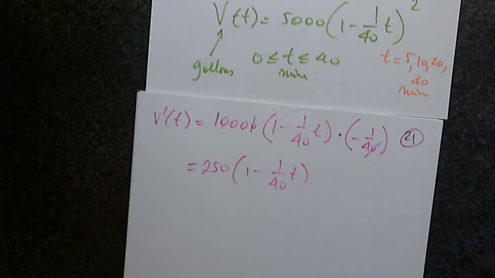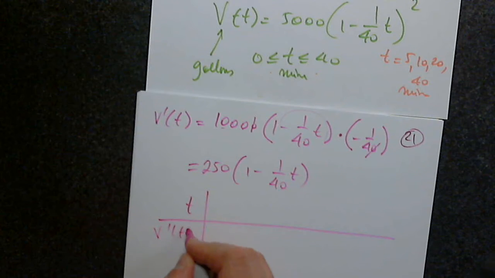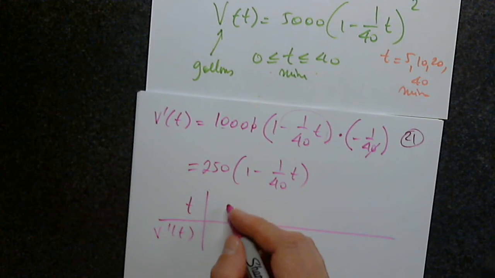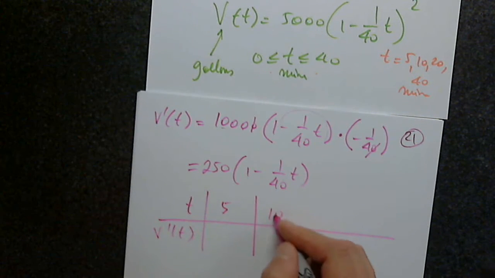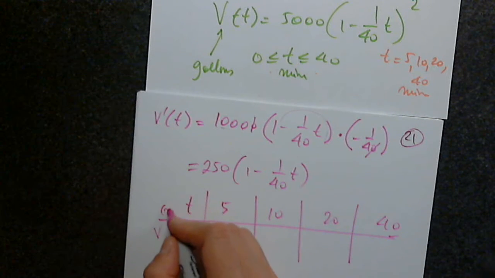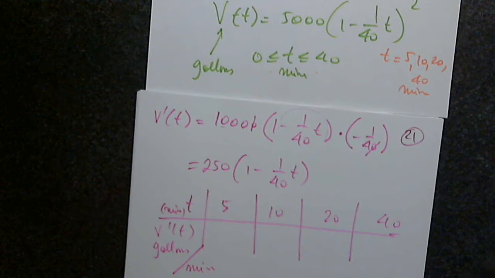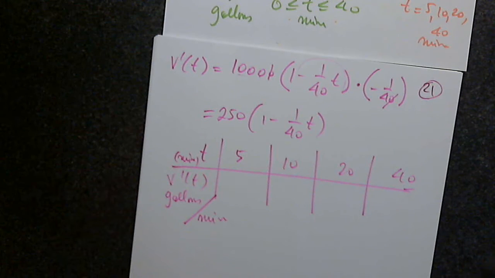I will put this in the graphing calculator, and I will have 5, 10, 20, and 40, and this is in minutes, and this is in gallons per minute. That's the rate of change. The rate of change, or the derivative, always has a measurement unit coming from the top and a measurement unit coming from the denominator.